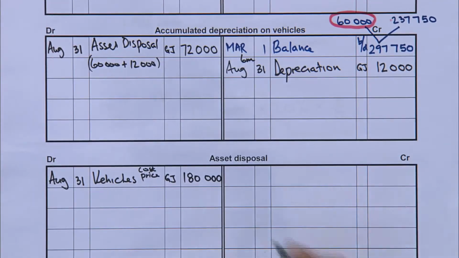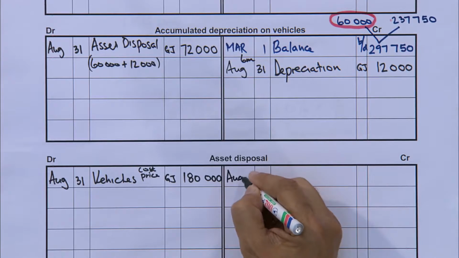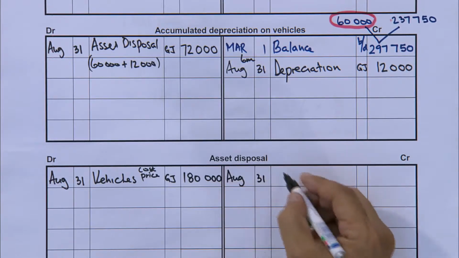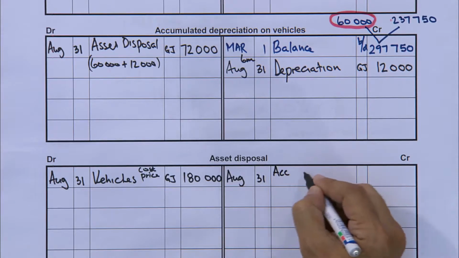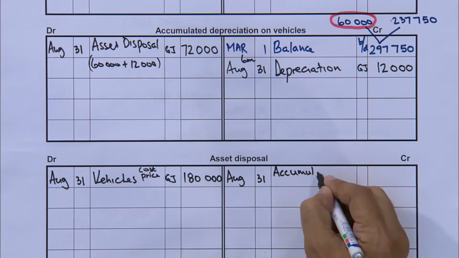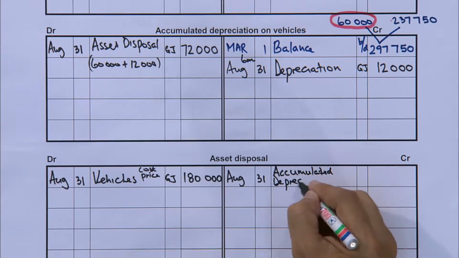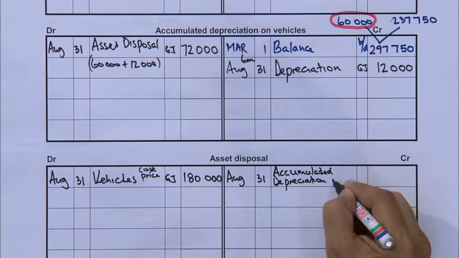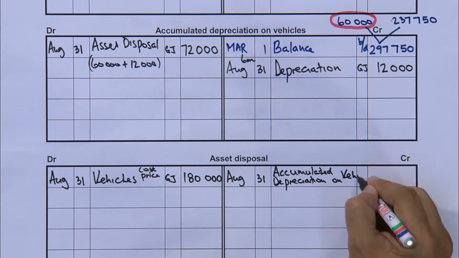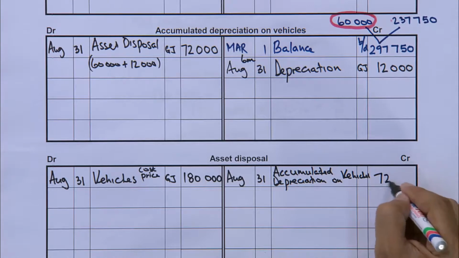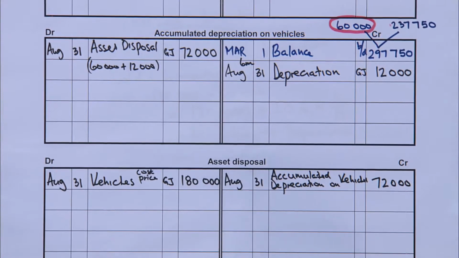Right, then all we have to do is follow the double entry. So we'll have accumulated depreciation on vehicles, 72,000. Let's see what they're saying. Okay.